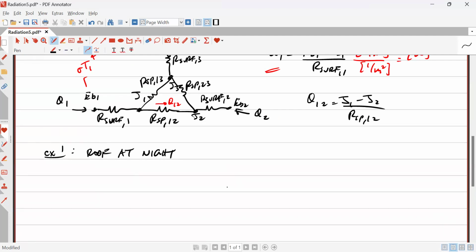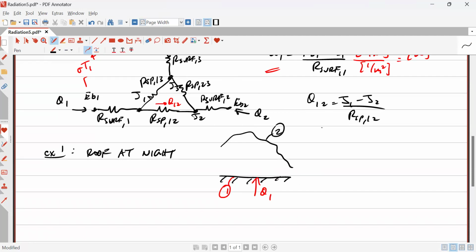So say, for example, there's a surface, here's our roof, and the roof does allow for heat to pass through. So we're providing Q1 into the roof. Here we'll call this surface 1, and then you have the night sky above it. And this night sky we'll call surface 2.